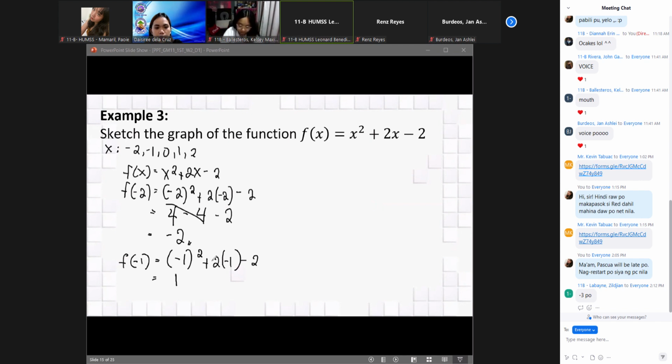Very good. And then, positive 2 times negative 1, negative 2. And then, copy lang si minus 2. Okay? And then, 1 minus 2.